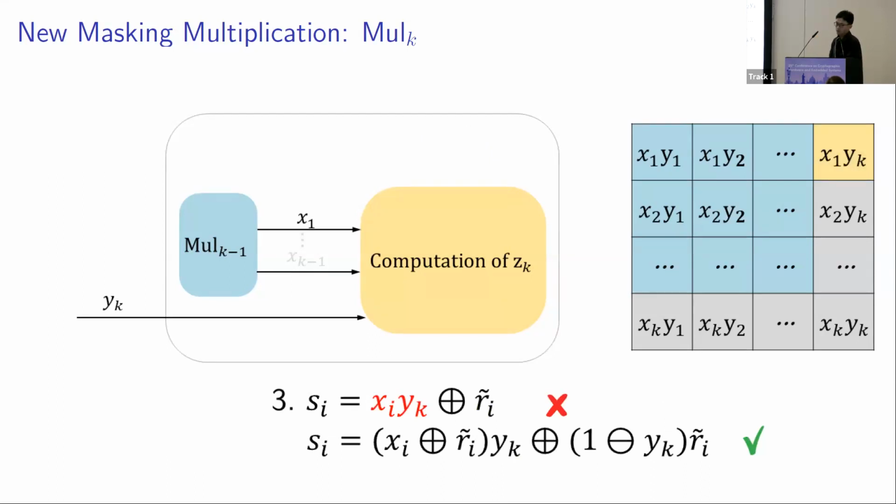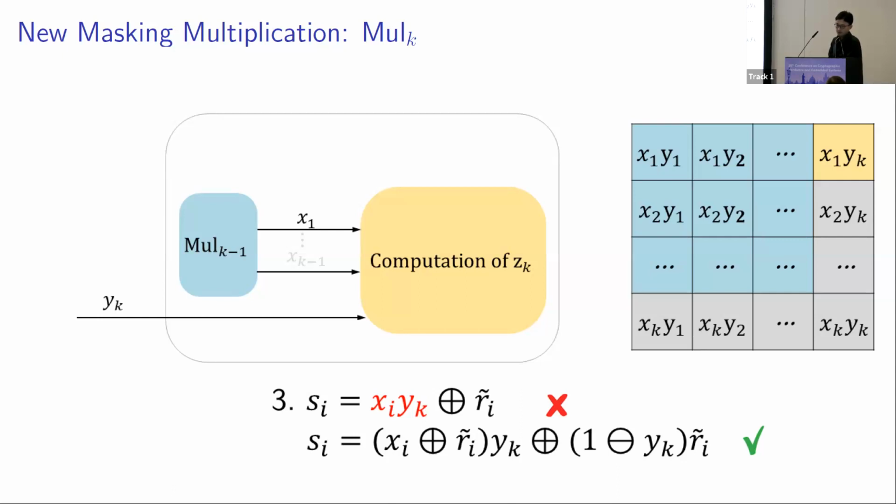Then we need to calculate Si, which covers all the products xi times yk. But it should be noted that a probe on the products xi times yk here violates the PINI definition, because it requires knowledge of two different indices.